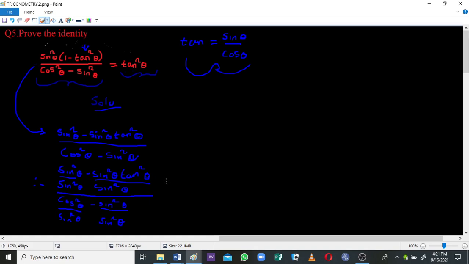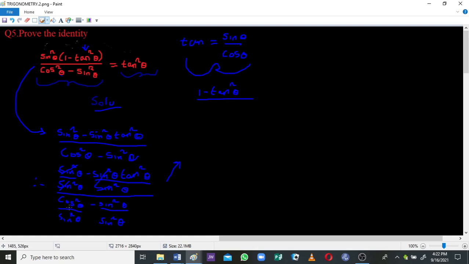Now what are we going to get here? Look at here. For the numerator, we apply the cancellation rule. Sin squared theta and sin squared theta cancel, so we remain with 1 minus tan squared theta, over, now look at the denominator.